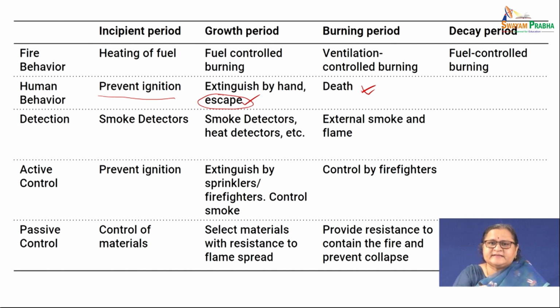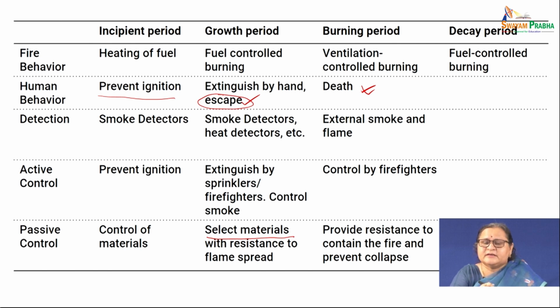Select materials resistant to fire flame spread, so the growth period can be deferred. Provide resistance to contain the fire and prevent collapse. So, materials are there which will not allow it to reach the burning point. We can select materials from the codes and standards if the spaces can experience fire at any point of time, like a kitchen, a computer laboratory, or gases entering like the operation theatre.